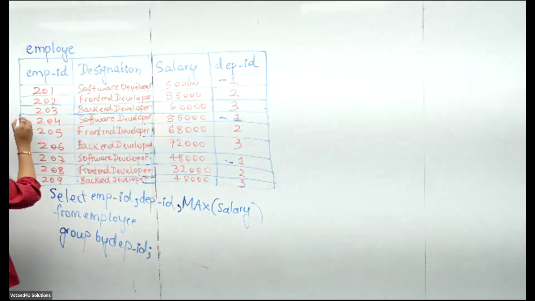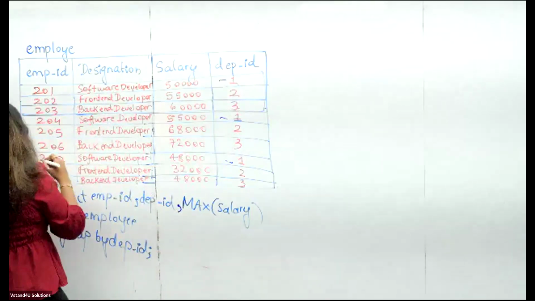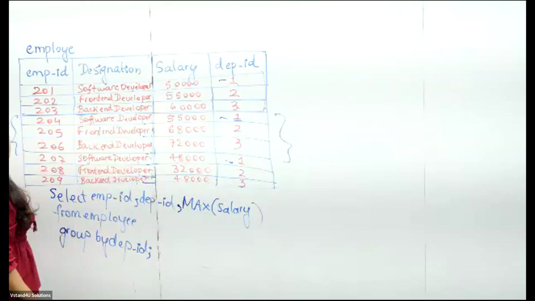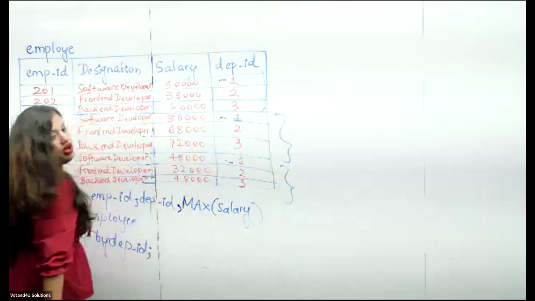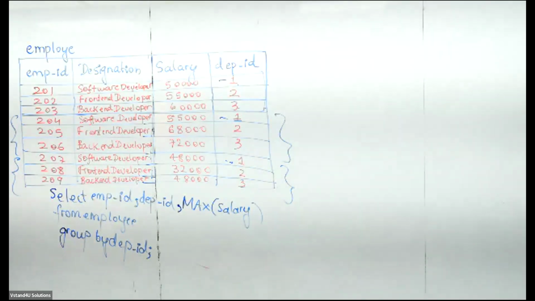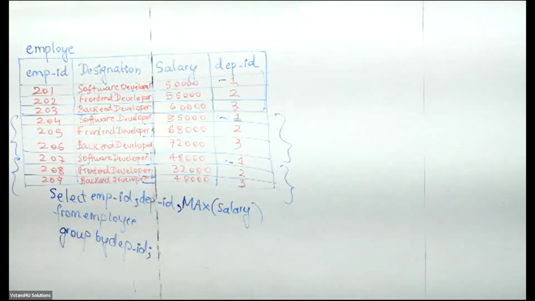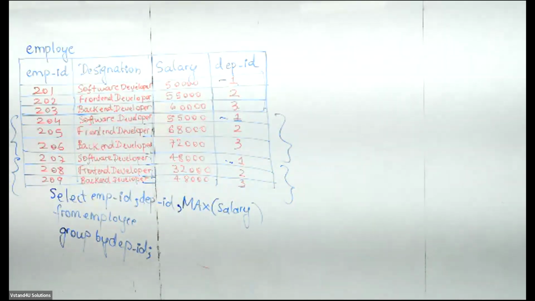Because this is one complete group, and from here till here, one group. Again, from here till here, you have one group. So from each department, you are supposed to get the employee ID, department ID and salary. Means from department number 1, what is the maximum salary? From department number 2, what is the maximum salary? From department number 3, what is the maximum salary? Clear? Done? Yes or no?